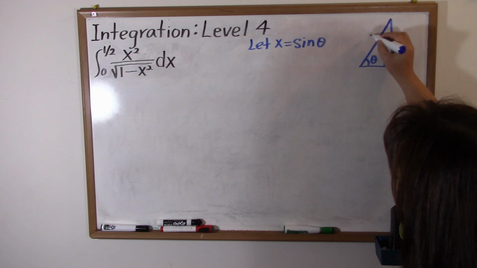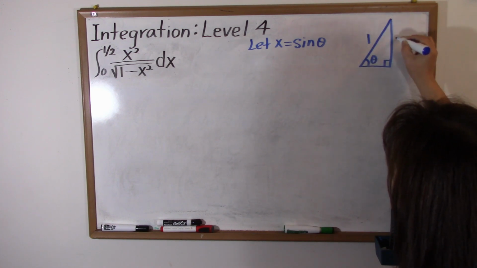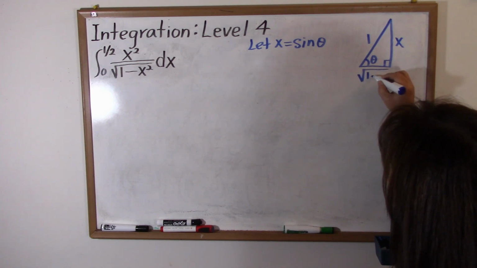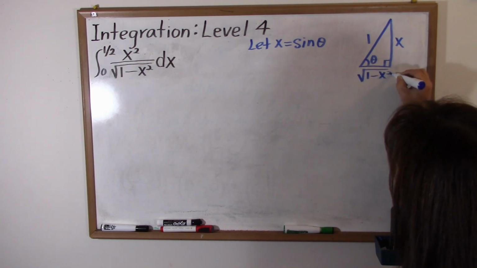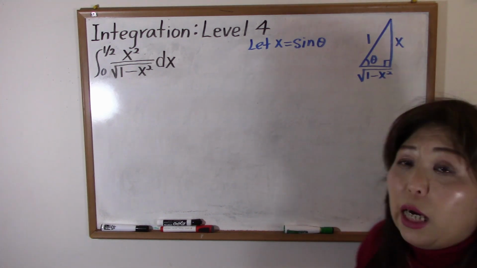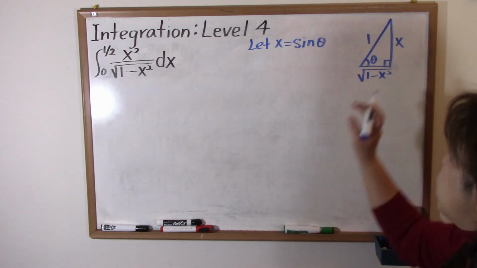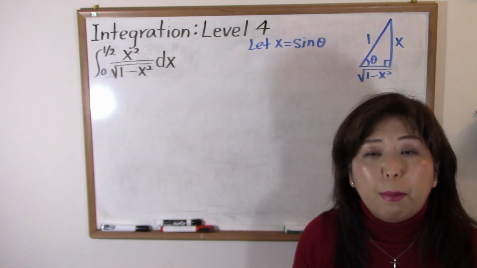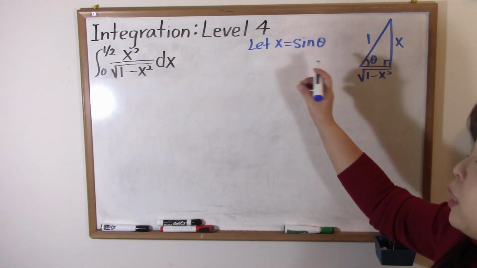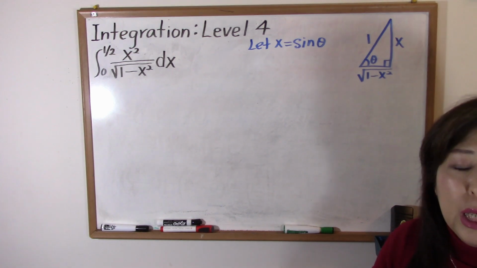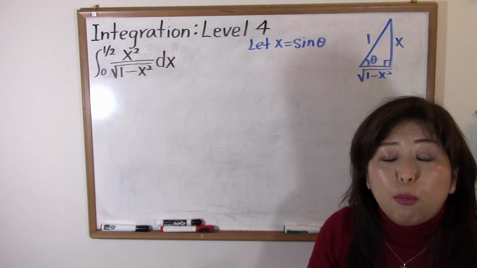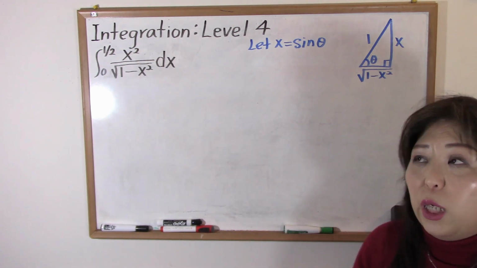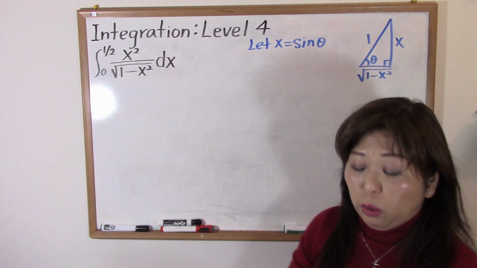This side is 1, this side is x, and this side is the square root of 1 minus x squared. Sine theta is opposite over hypotenuse, which is x over 1. That is why x is equal to sine theta. So we're going to take advantage of x equals sine theta to evaluate this.